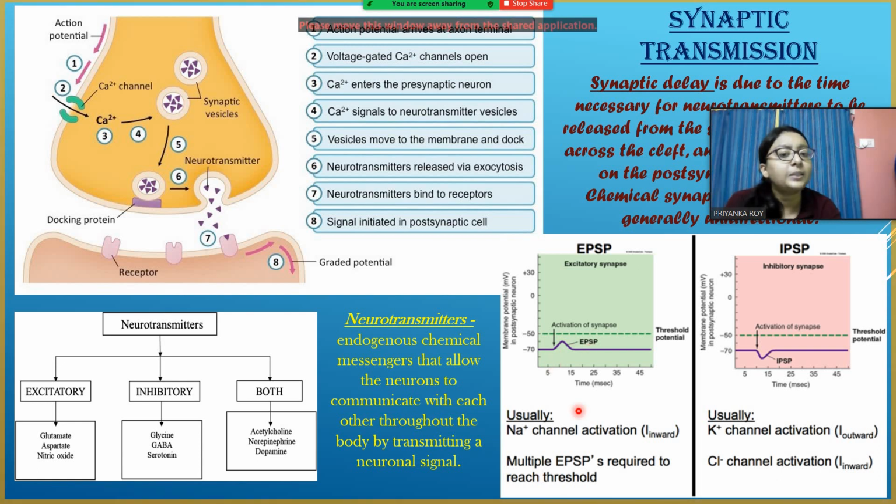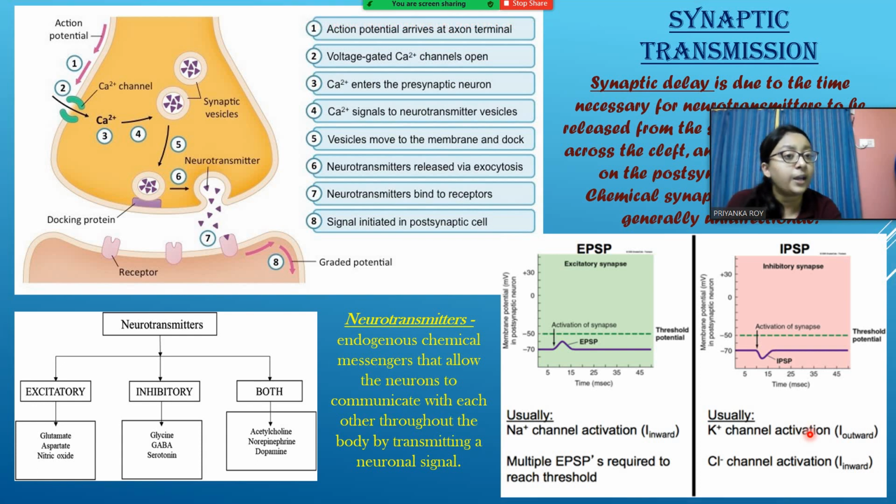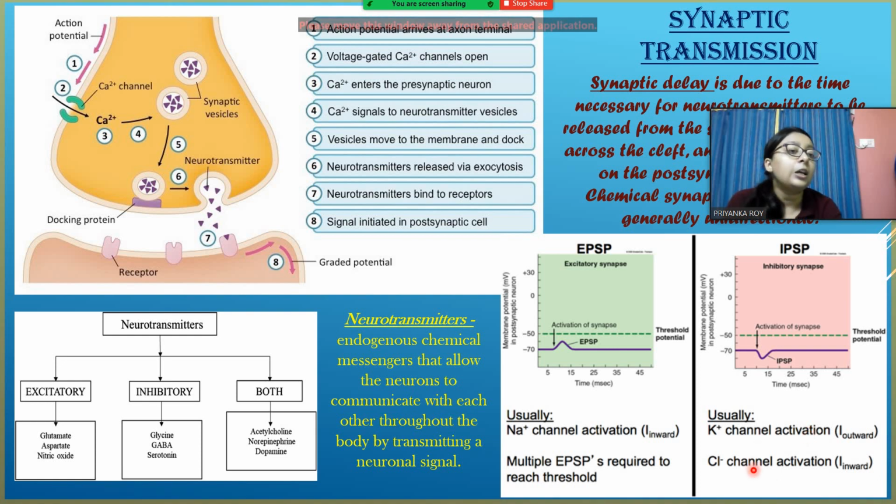Okay, so if multiple EPSPs come simultaneously, one after the other, then it will reach the threshold and there will be an excitatory response towards whatever stimulus has come. Now, in the case of an inhibitory synapse, depolarization is prevented. Potassium channels are activated, so potassium ions start moving out, there is K+ efflux, and chloride channels are also activated, leading to chloride influx.